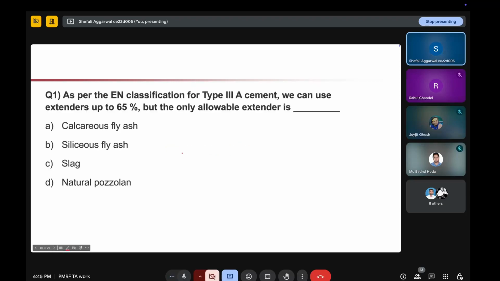Okay. So the first question is, as per the EN classification for type 3A cement, we can use extenders up to 65%. But the only allowable extender is calcareous fly ash, siliceous fly ash, slag or natural pozzolans.